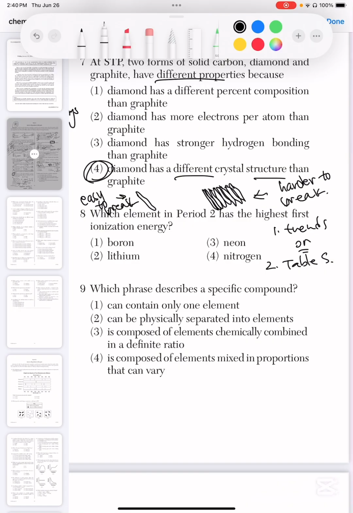And so I'm just gonna do it based on periodicity. From left to right, first ionization energy is increasing because the size of the nucleus increases as you're gaining more protons moving to the right along a period, right?